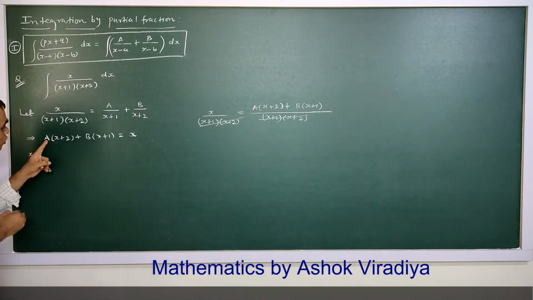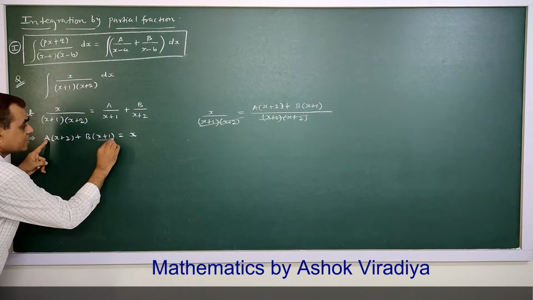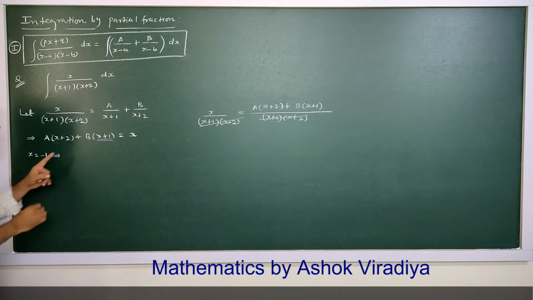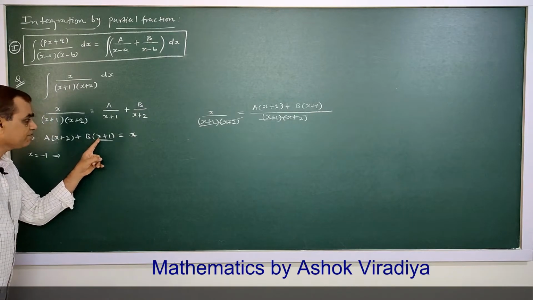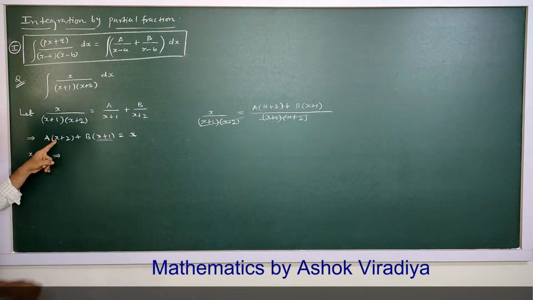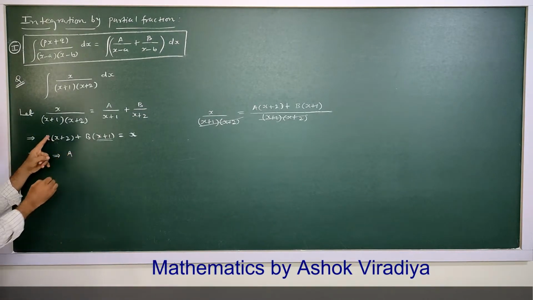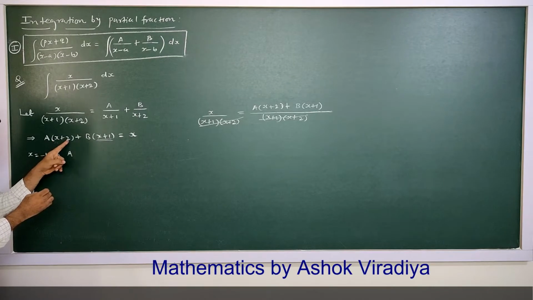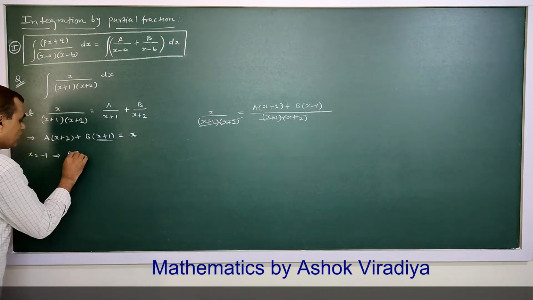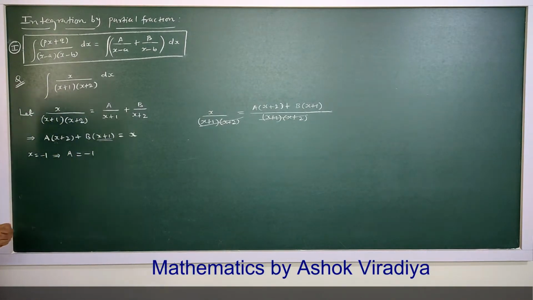So to find the value of a, what trick do we apply? We take x equal to minus 1. Putting minus 1 here, this will be 0, so this will be 0. So a into minus 1 plus 2 is 1, so 1a plus b into 0 is 0 equal to minus 1. So the value of a is obtained.